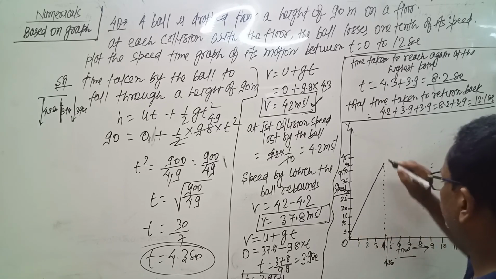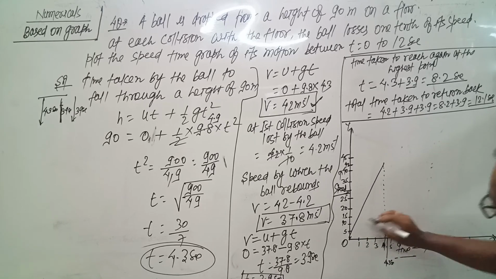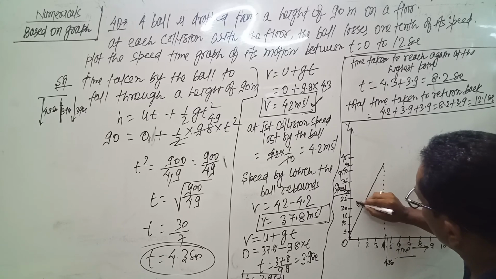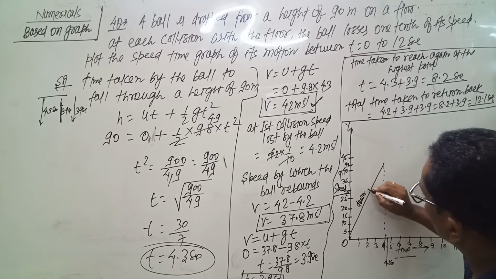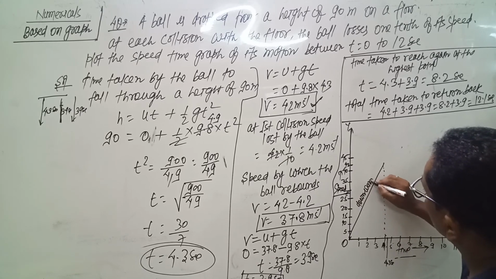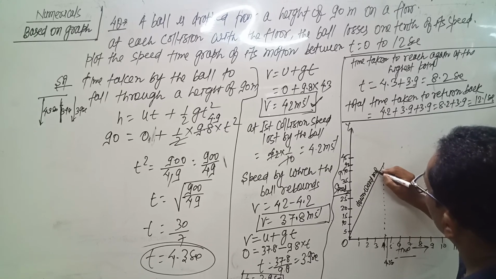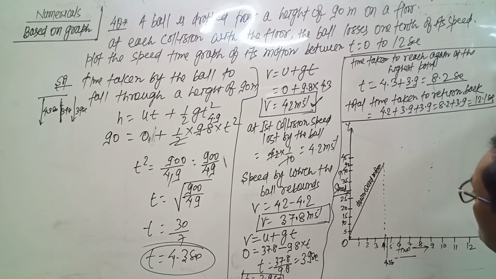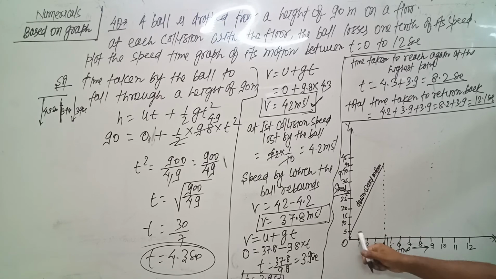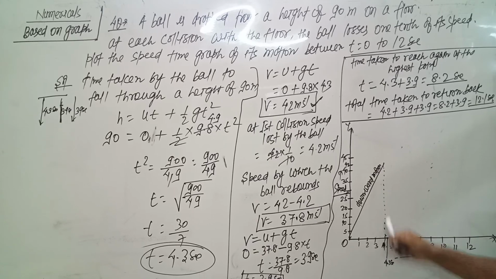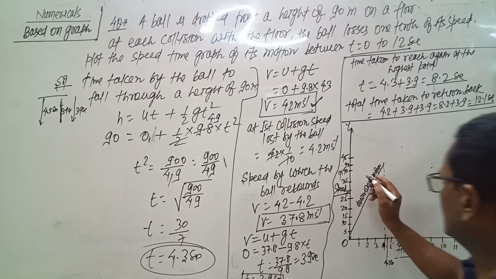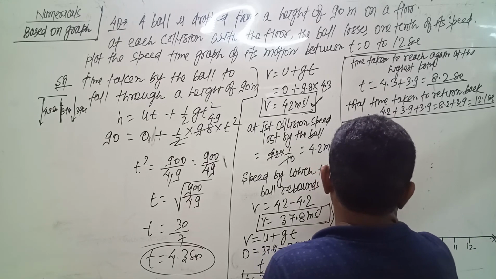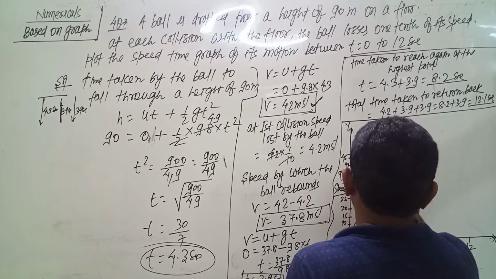This is the graph, and this is the downward motion. The body falls from a height of 90 meters, reaches the ground in 4.3 seconds, and when it strikes the ground, its speed is 42 meters per second.